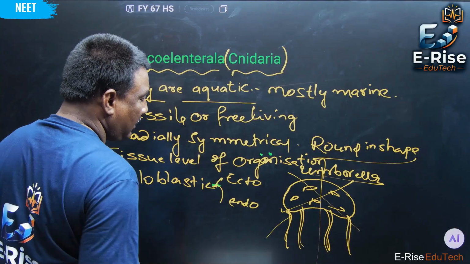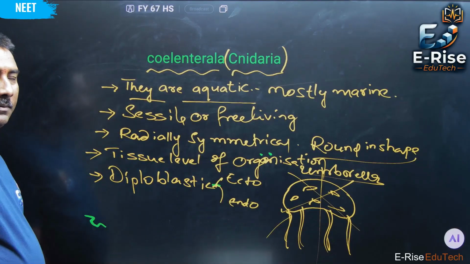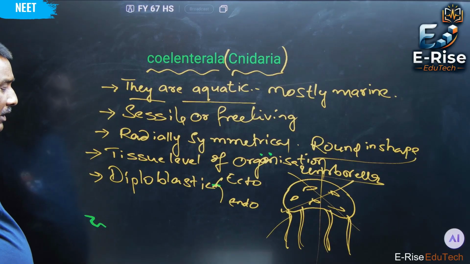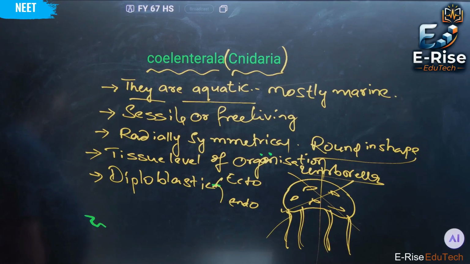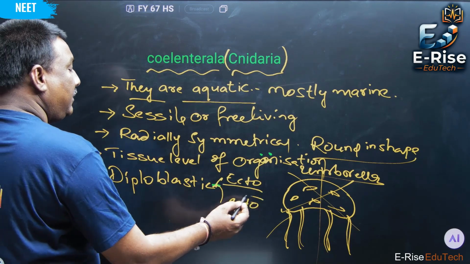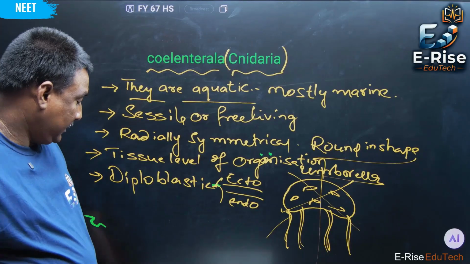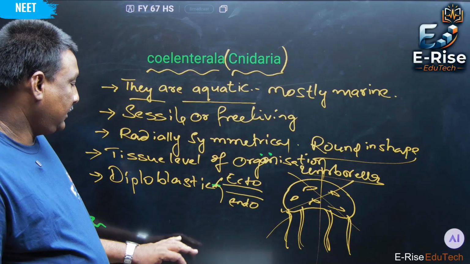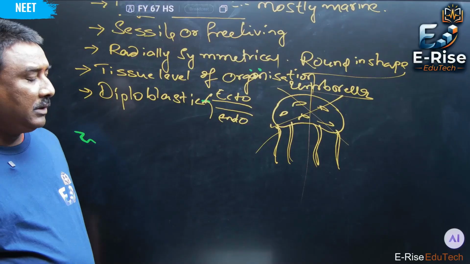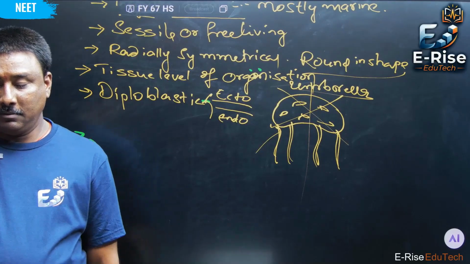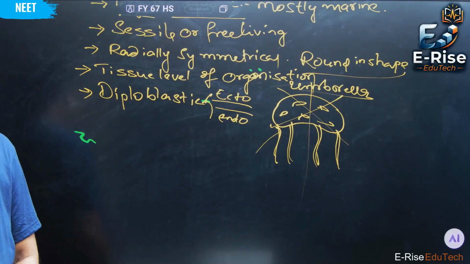Mesoderm is not completely developed. So mesohyal is present in the area between the ectoderm and endoderm. They contain two germinal layers, ectoderm and endoderm.